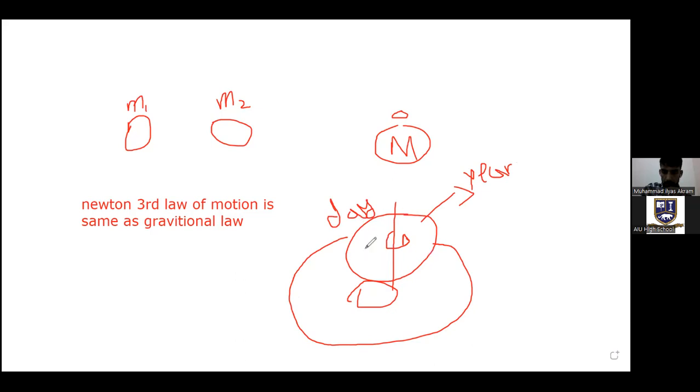Due to this motion, the Earth creates a field around its surroundings. That is called the field force, and its units are Newton per kg.